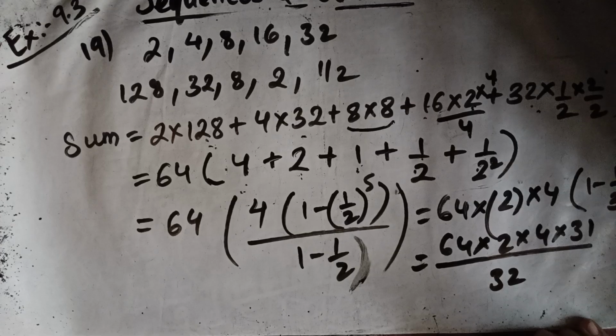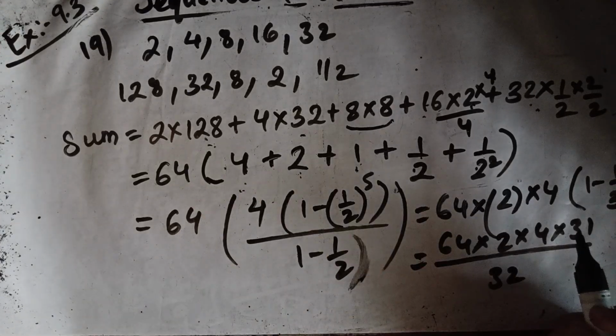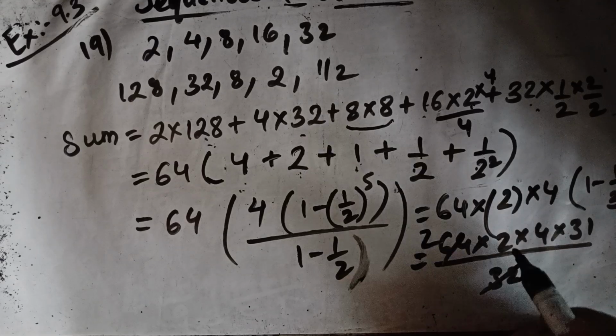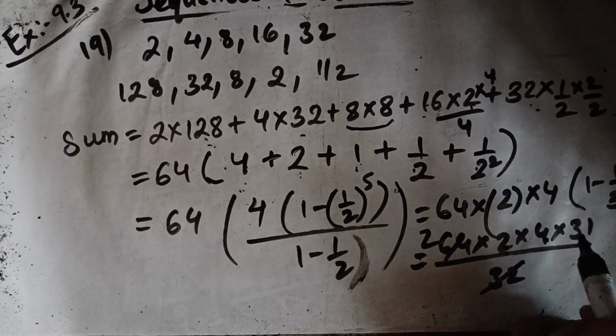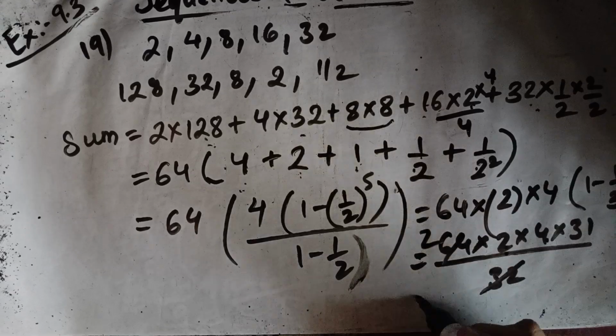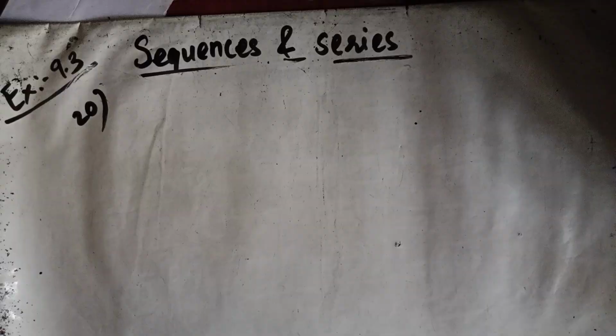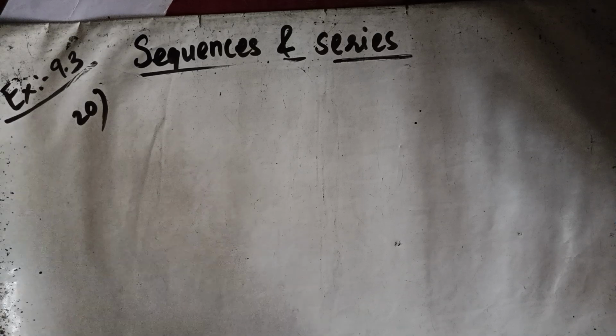Okay, so you can cut this 32, then multiply 2 to the 4, 4 for the 16, 16 into 31, 496. Okay, next question.